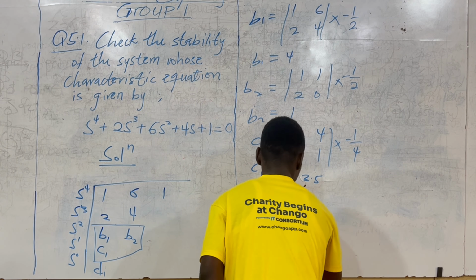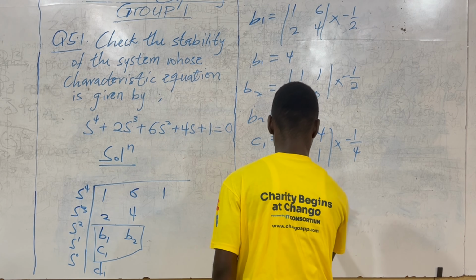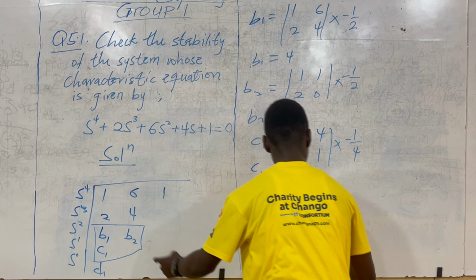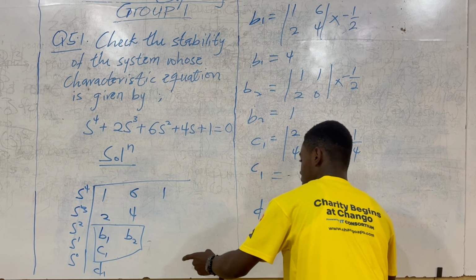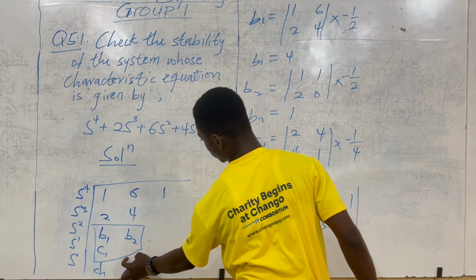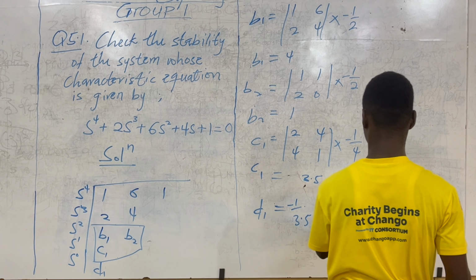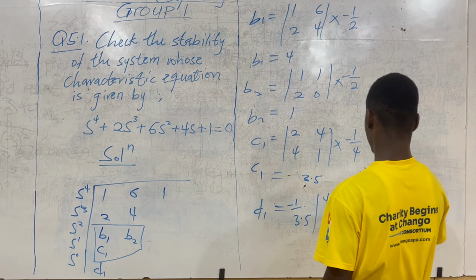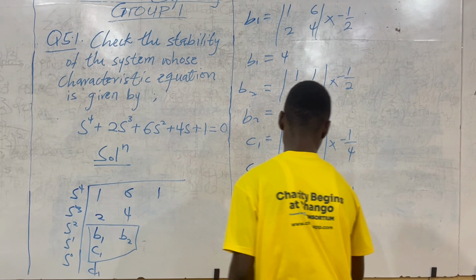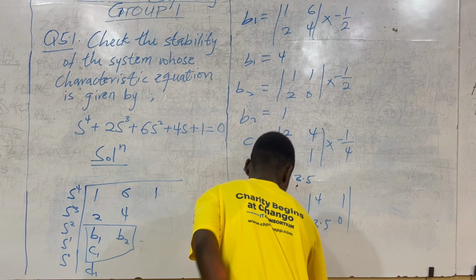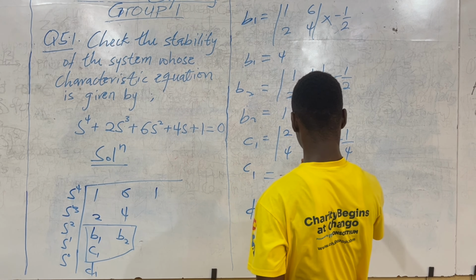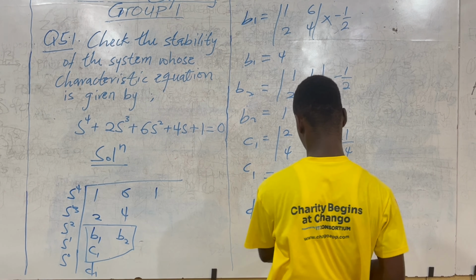That's negative 1 over the principal value, which is 3.5, multiplying the determinant of 4, 1, 3.5, 0, since we have no element at this point. So this is going to give us 0 minus 3.5, multiplied by negative 1 over 3.5. With that, we are going to have 1, because negative 3.5 divided by negative 3.5 is 1.